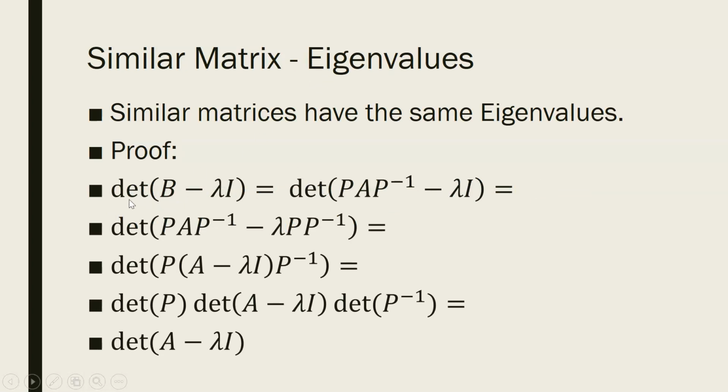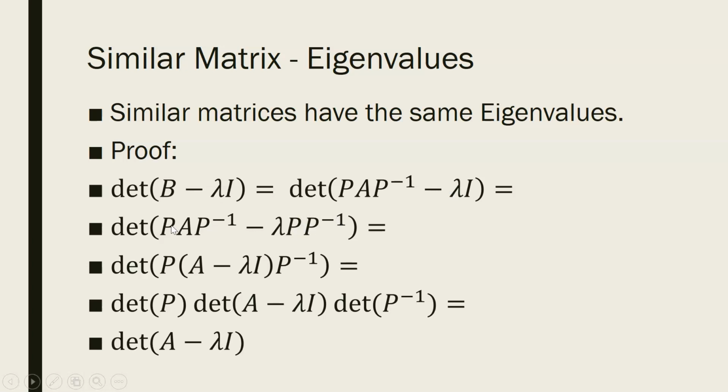We find them by the characteristic polynomial, which is the determinant of B minus lambda I. I can replace B by P A P inverse. Now, since P and P inverse multiply to give you I, I can write P times P inverse here.